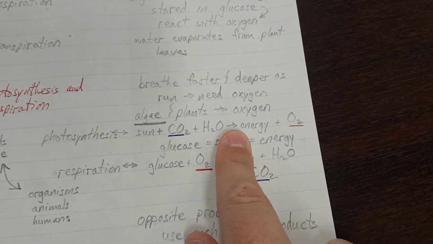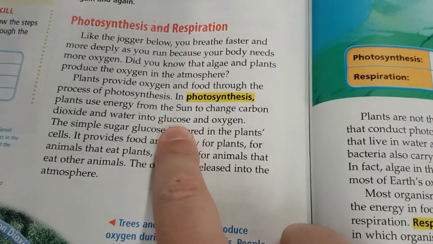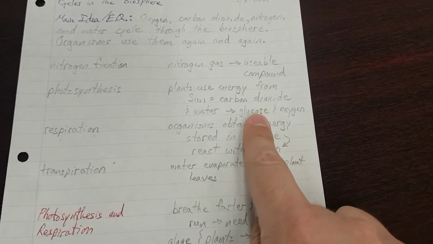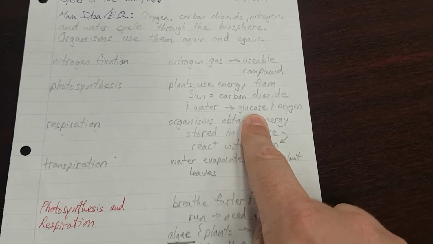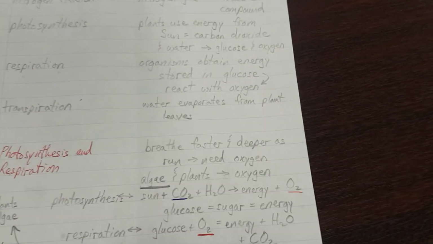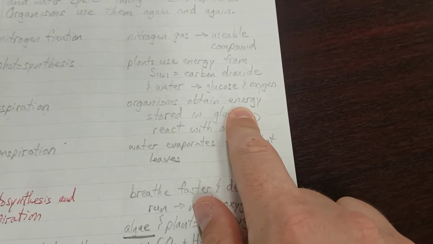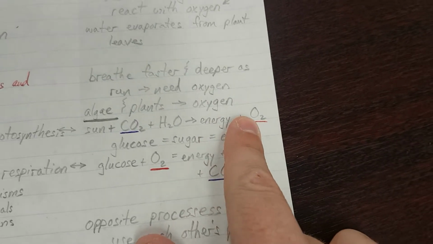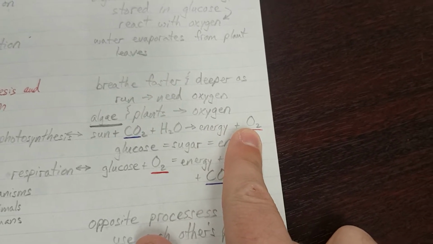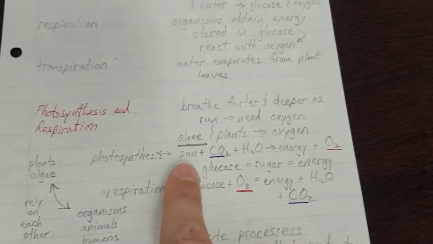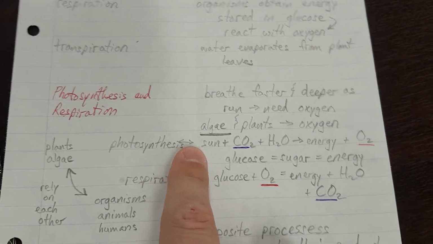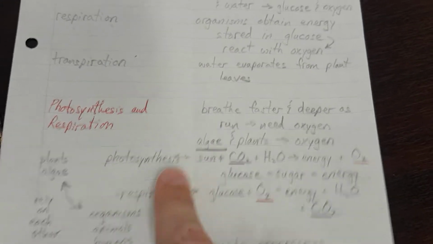Into, you use an arrow, glucose and oxygen. I put energy because we learned up here that glucose is actually a sugar, is actually energy. So energy plus O2 for oxygen. Then I drew little double arrows and wrote photosynthesis.